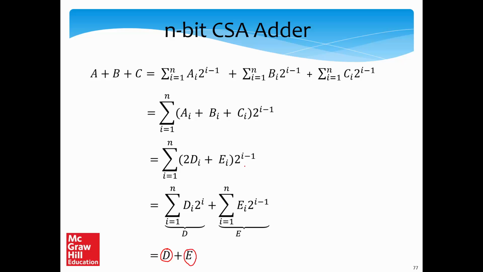So let us express A as a sum of its bits. Let me consider A, and let the bits in A be A1 to AN. So let the number A be AN to A1, and this can be expressed as a sum of powers of 2, each multiplied by the corresponding bit.